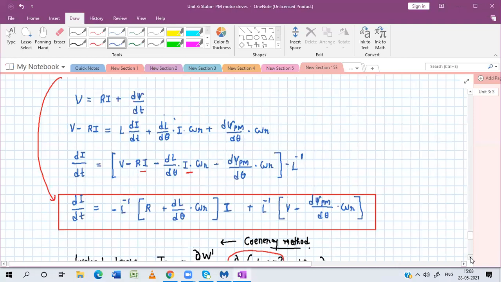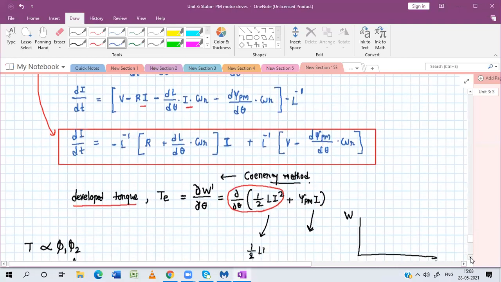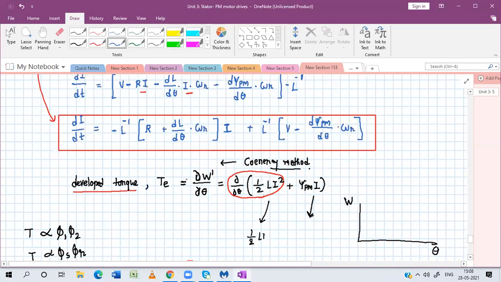Now, if we discuss the developed torque, we have discussed that it is based on the co-energy method. In this case it is a singly excited system, because excitation is given to the stator winding only. There is no field winding in this DSPM, the doubly salient stator permanent magnet machine.